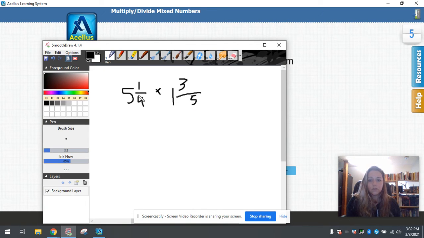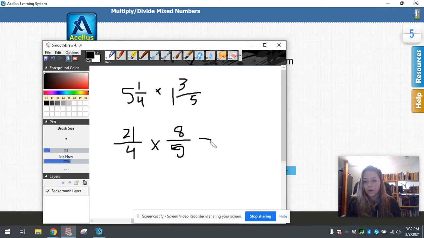All right, turn them into improper fractions. 4 times 5 is 20 plus 1. I get 21 over 4 times 5 times 1 is 5 plus 3 is 8. 8 over 5. This is already a multiplication problem, so I will multiply straight across.